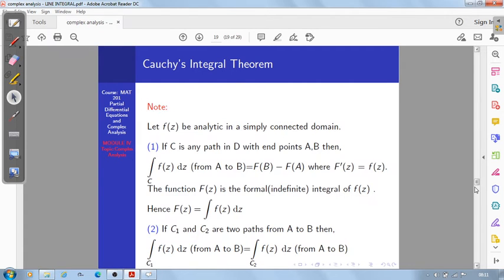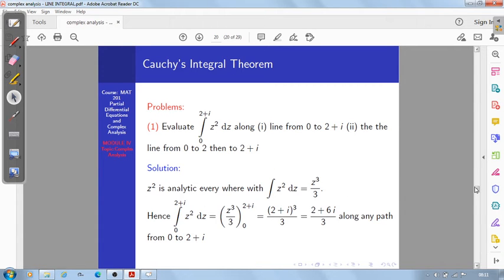Now using that property, suppose we are going to find integral 0 to 2 plus I z square dz. Yesterday we have seen integral 0 to 2 plus I z bar dz along these two paths, along the line from 0 to 2 plus I and also along the line from 0 to 2, then 2 to 2 plus I. And we got different answers for both the paths.